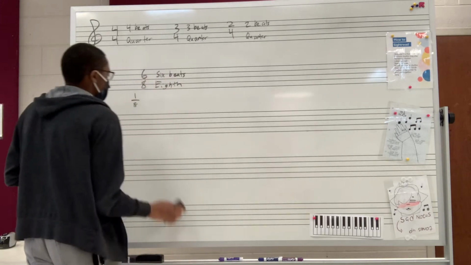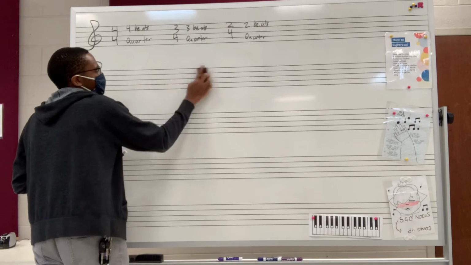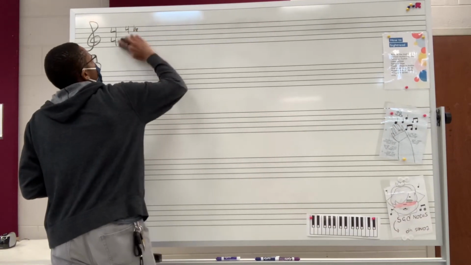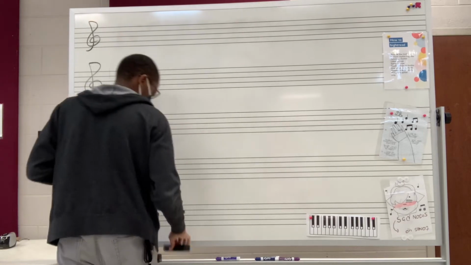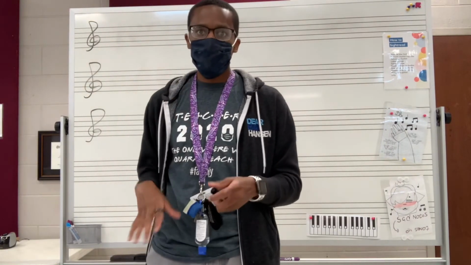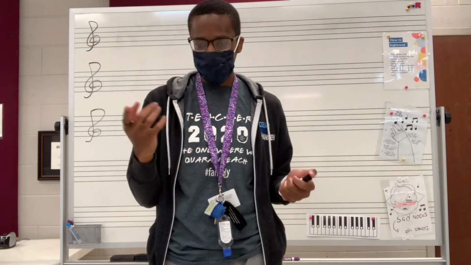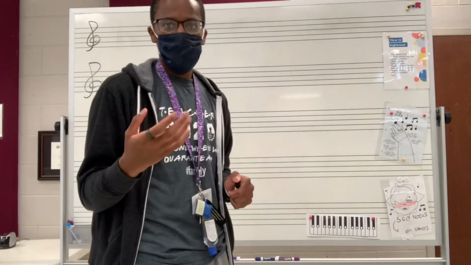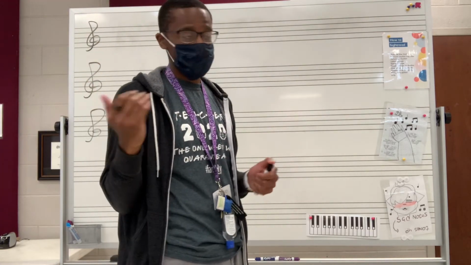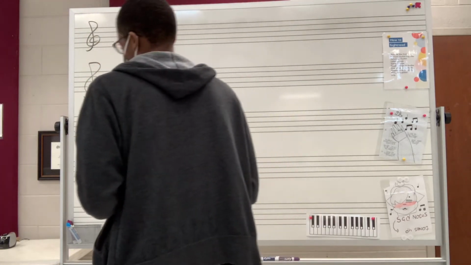You just take the top number, that's how many beats you have in each measure, and the bottom one is what kind of note equals 1 beat. If you have 4/1, 1 is just a whole note because it is 1 whole. So if you had 4/1, it'd be 4 whole notes in each measure. So you'll be holding stuff out for a really long time.